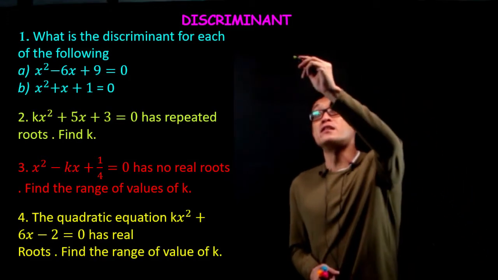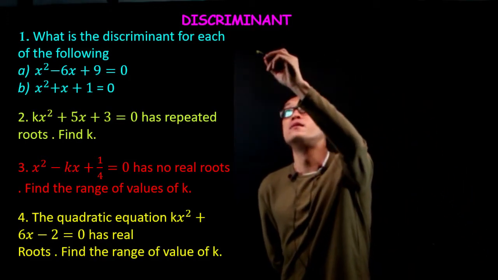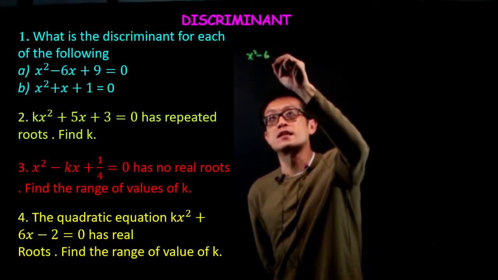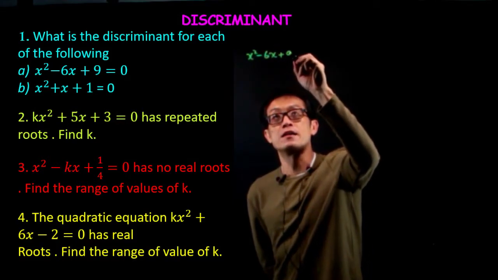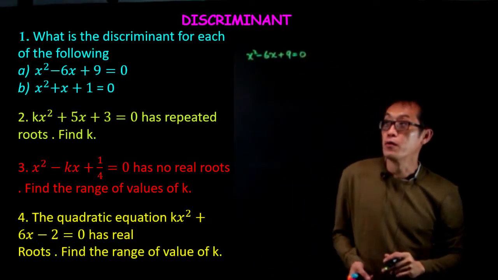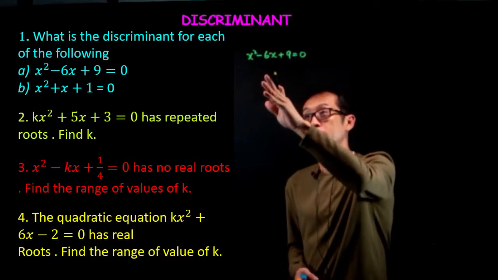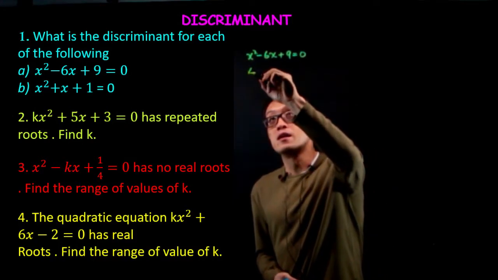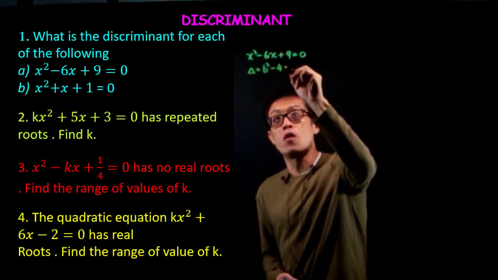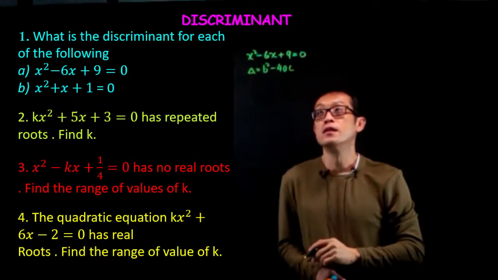Now you are given this equation, x squared minus 6x plus 9 equals 0. So what is the discriminant? The discriminant is equal to b squared minus 4ac.